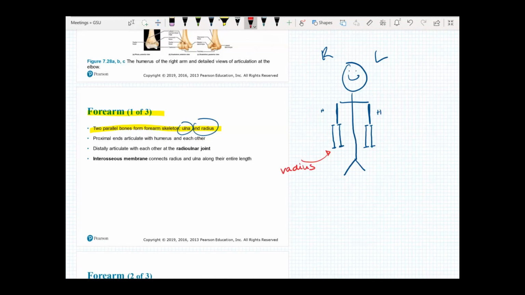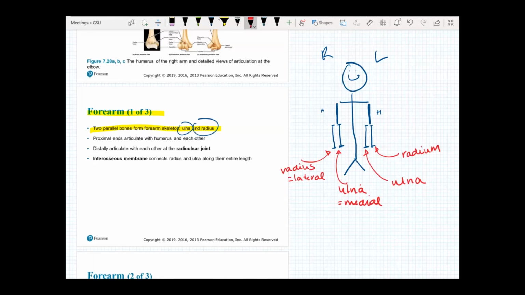So the lateral bone is the radius, where your medial bone, closer to the midline, will actually be your ulna. It'll be the medial. You cannot say the bone on the right versus the bone on the left because coming over to the left side of the body, the bone that is the most lateral is the radius. And the bone that is the most medial is the ulna.